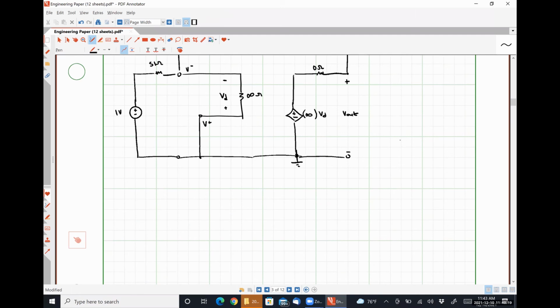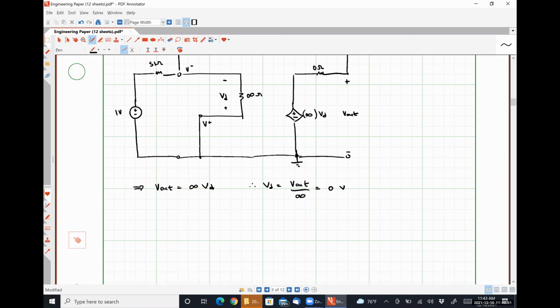So we can observe our output voltage is equal to infinity times VD, which implies that VD is equal to whatever our output voltage happens to be divided by infinity, which will always be 0 volts.